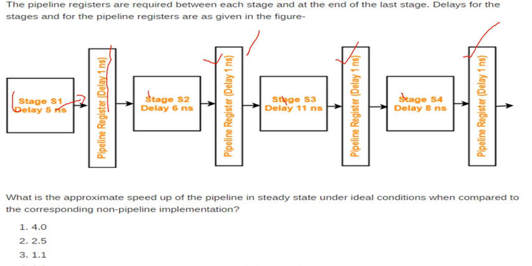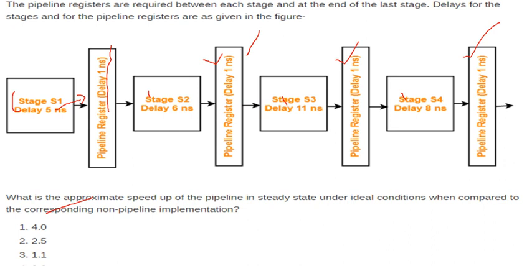So they are asking what is the approximate speed up of the pipeline in steady state under ideal conditions when compared to the non-pipeline implementation. Because this is the pipeline implementation, we are dividing our CPU into various stages.